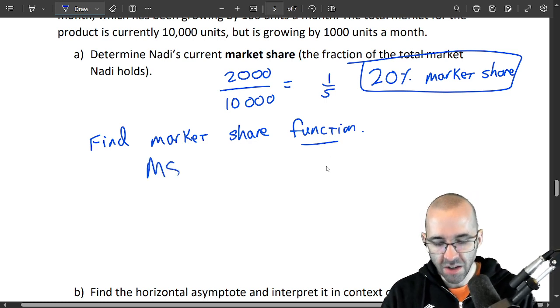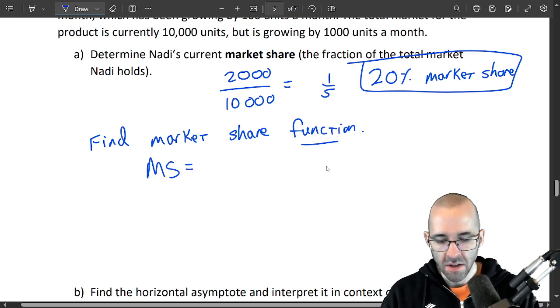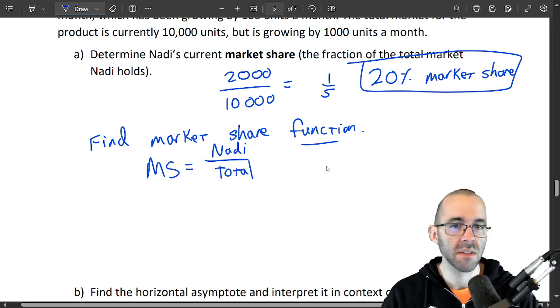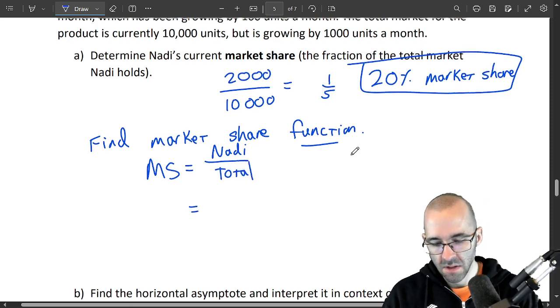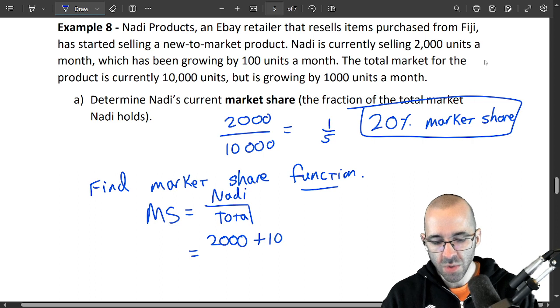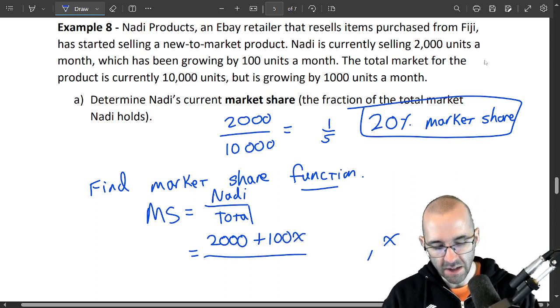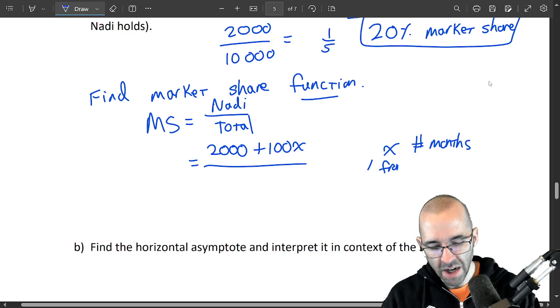So market share, we can call that MS, is just going to be how much Naughty has over how much the total is. Well, how much does Naughty have? They're at 2,000 right now, and it's growing by 100 every month. That's a linear function. Again, x is the number of months from now.